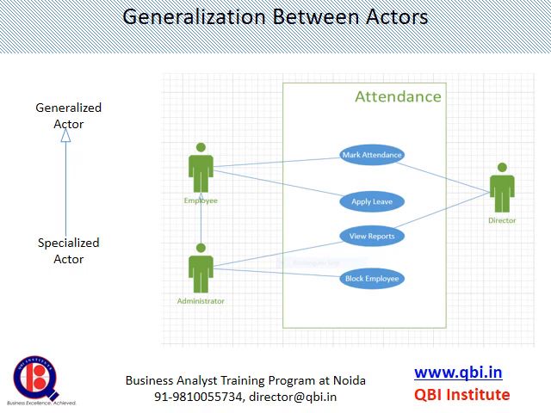So, administrator is the specialized actor and the employee is the generalized actor, and the relationship between these two actors is shown by the arrow as is being seen in the slide. So the administrator of the attendance system can carry out all the use cases which an employee will carry out, and in addition the administrator can carry out two more use cases for this system, which are view reports and block the employee.